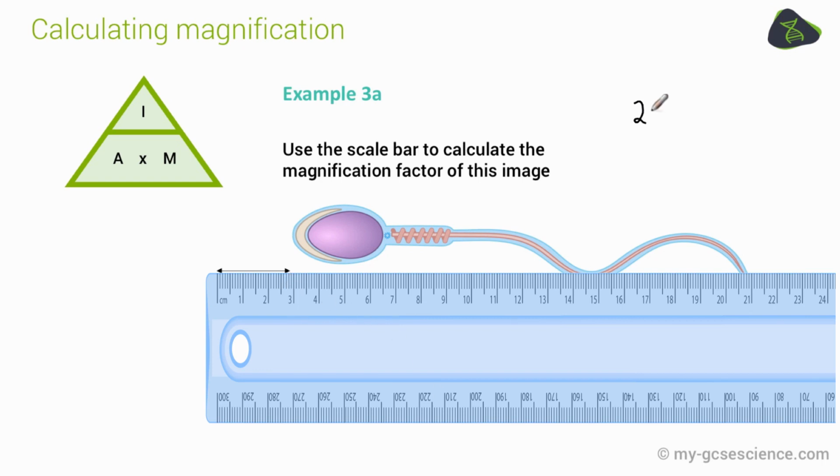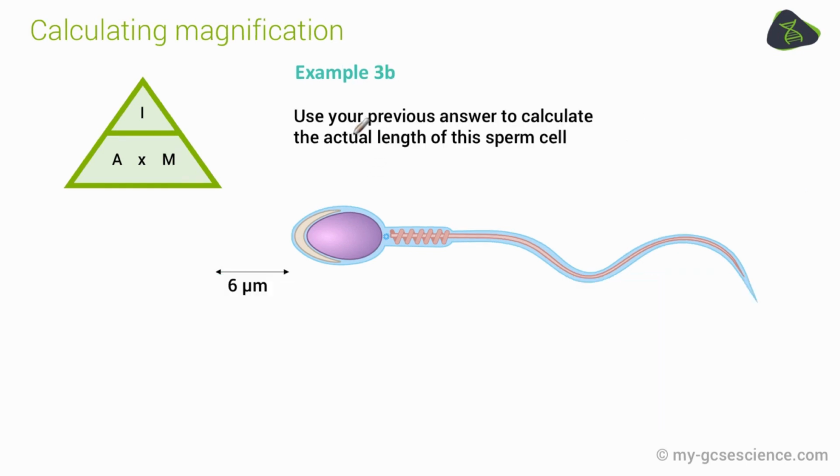So 28 millimeters, times it by 1,000 to turn it into micrometers. Divide that by the 6 micrometers that scale bar equates to. Do the maths and you get 4,667. So this cell has been magnified 4,667 times.